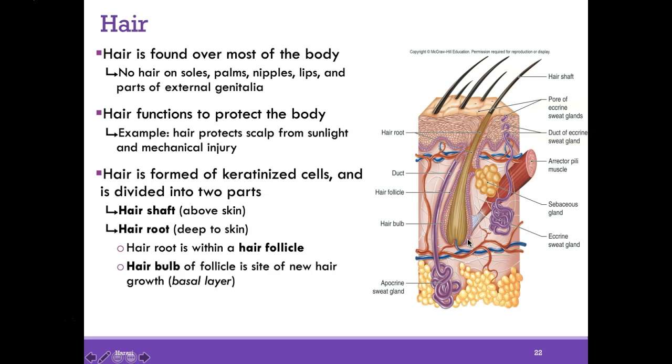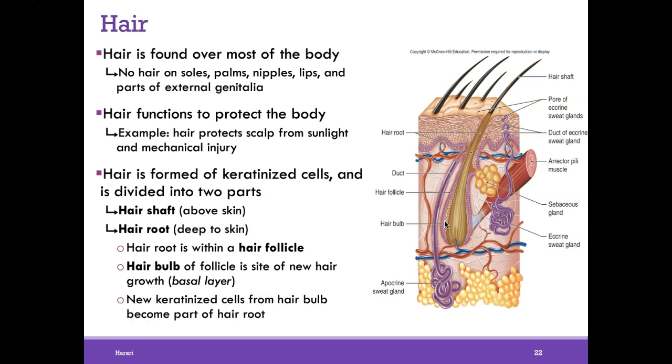So the hair bulb is really where the only living cells are, near the bulb. Right, and that grows within a hair follicle. So the hair bulb of the follicle is the site where new cells grow. This is the basal layer, essentially. Right, so the only living cells of a hair are in and near the bulb.